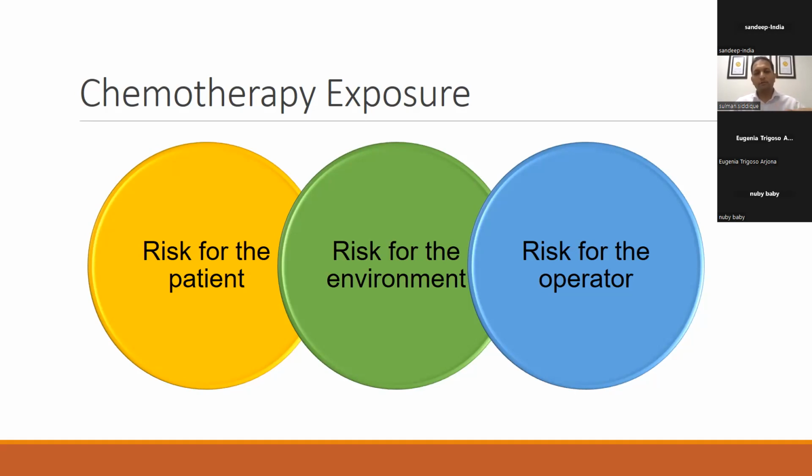When you give a patient chemotherapy, it produces side effects because it's toxic to the body. But there's also a risk to the environment in which chemotherapy is prepared, and a risk to the operator. So the nurse or the pharmacist that is preparing or administering the chemotherapy is also at risk of exposure.